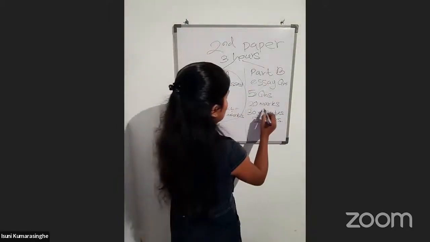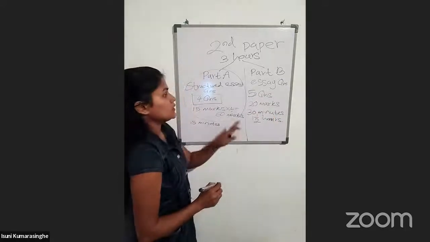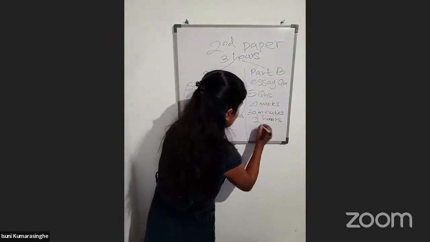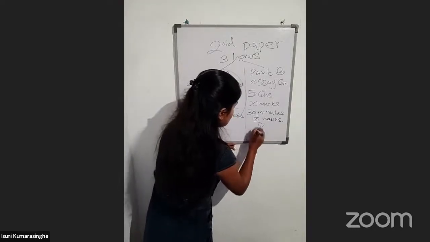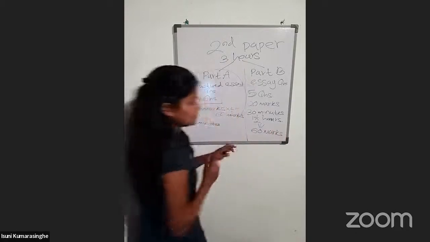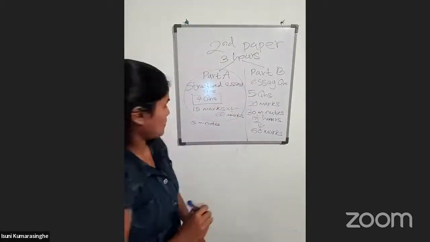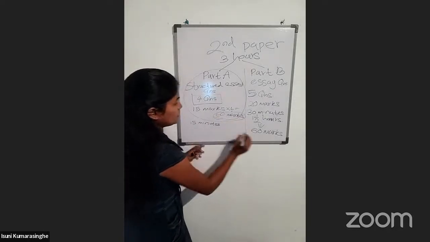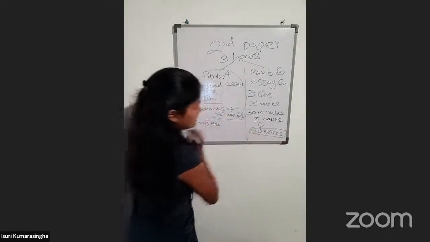Then 20 marks each. For the 3 questions, here also you can get 60 marks in total. Here you can get 60 marks, and here you can get 60 marks.